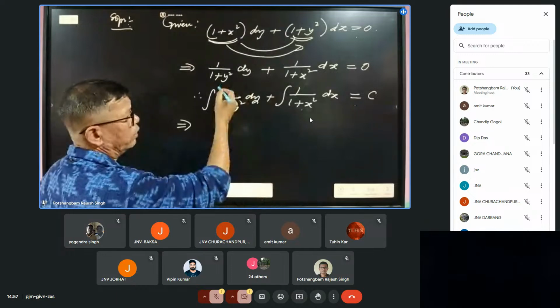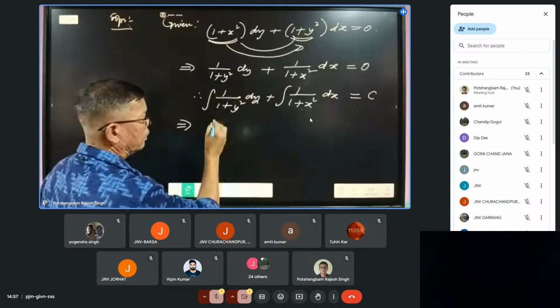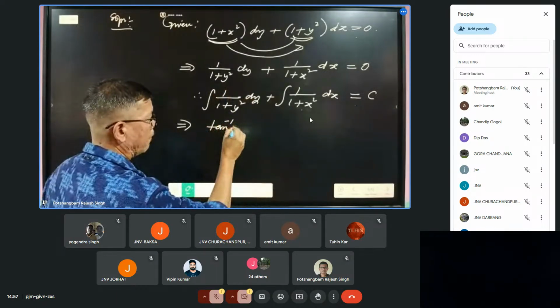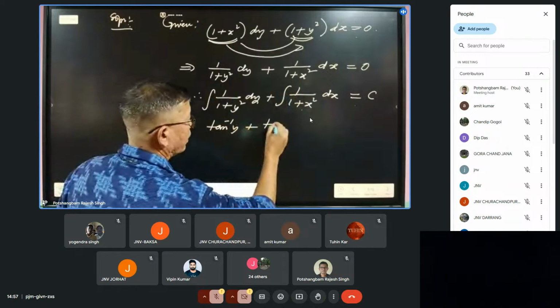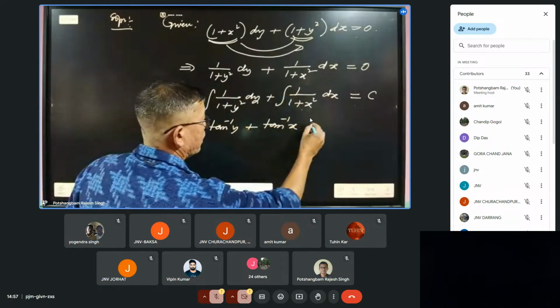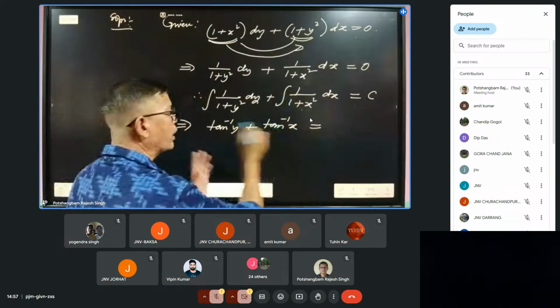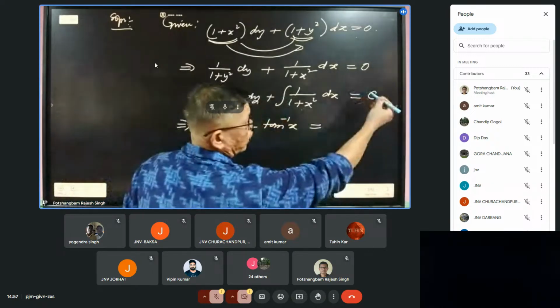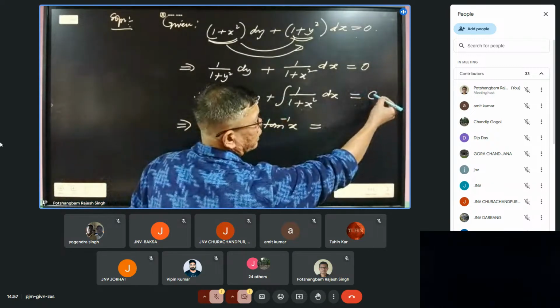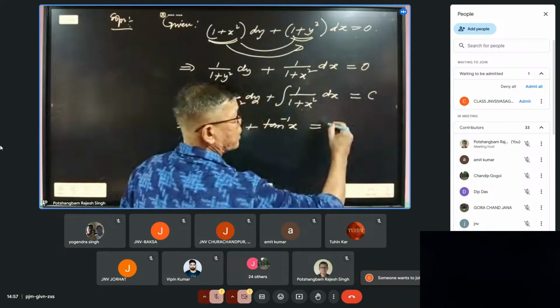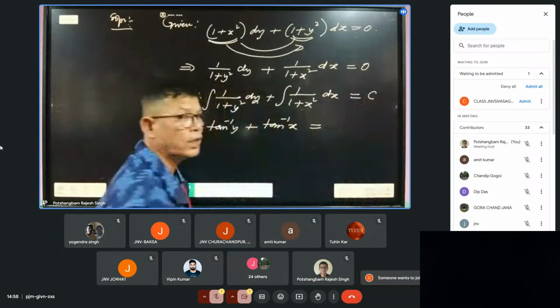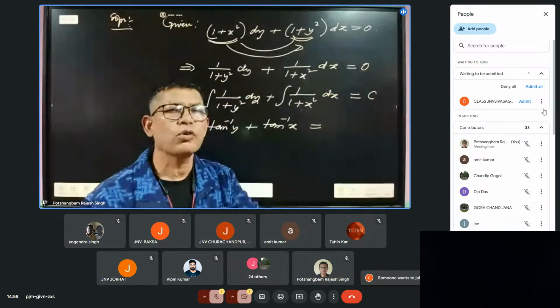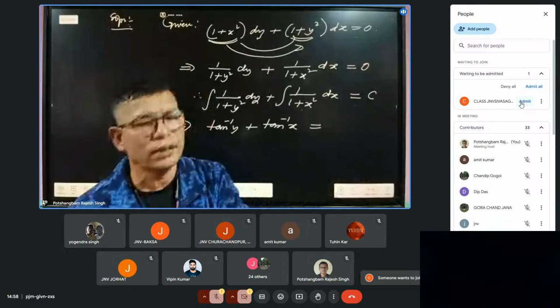Then what about this tan inverse y? And what about this tan inverse x? If both are tan inverse, then how do we treat this arbitrary constant? C is an arbitrary constant, meaning it is a constant that can change as per our desire.